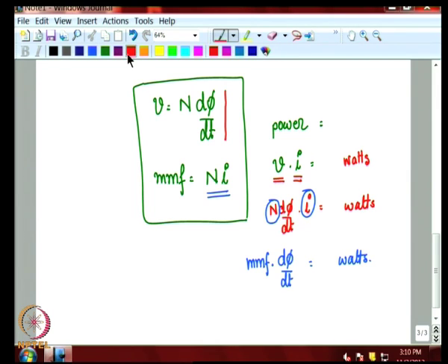So, you see that the power in watts in the magnetic domain is also composed of two variables, the potential variable MMF and the kinetic or flow variable d phi by dt, the product of which is power in watts.